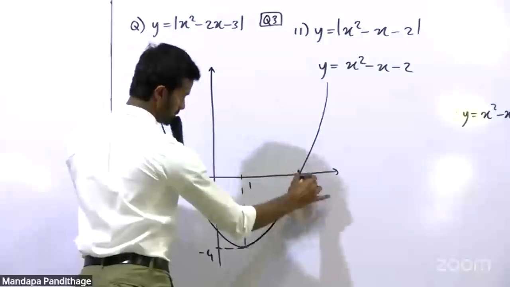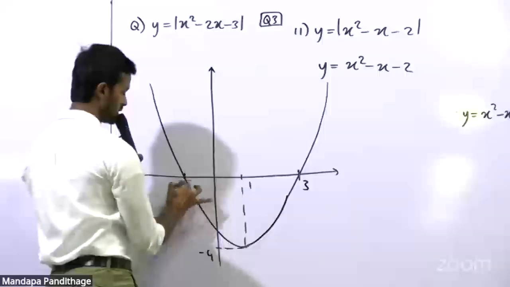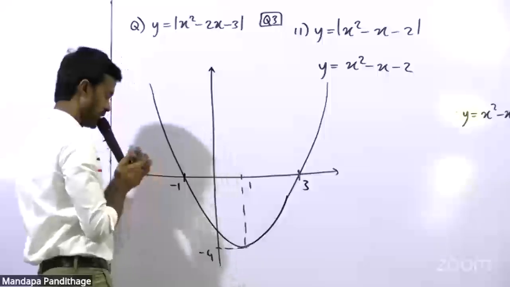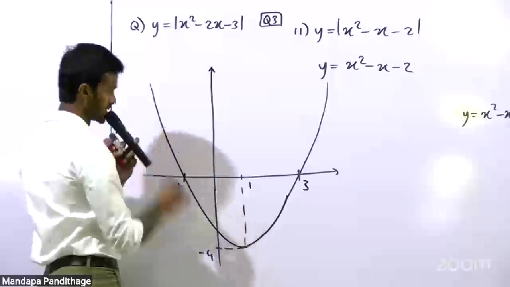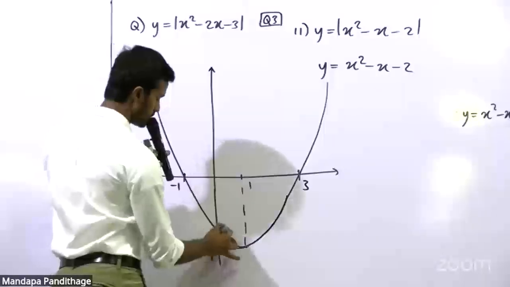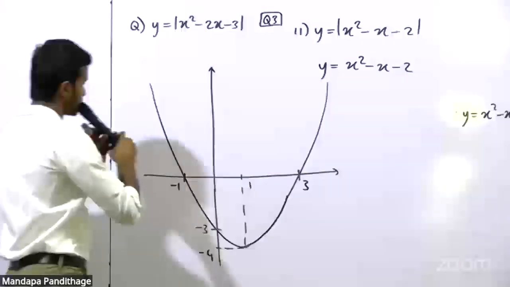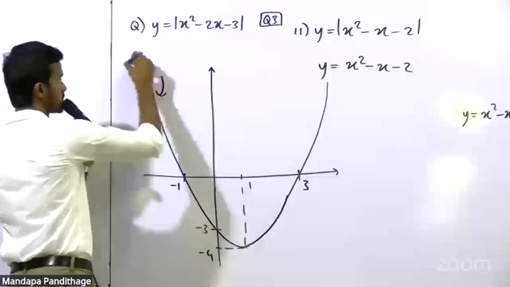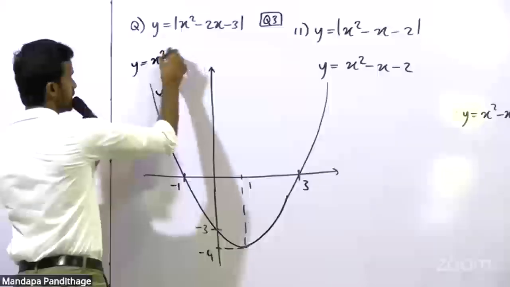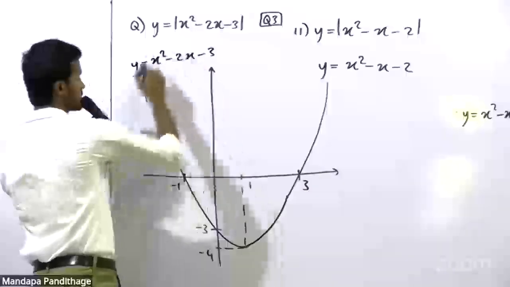And this became 3 and this one was minus 1. And the intercept became minus 3. So this is the graph, and the equation here is y equals x squared minus 2x minus 3.